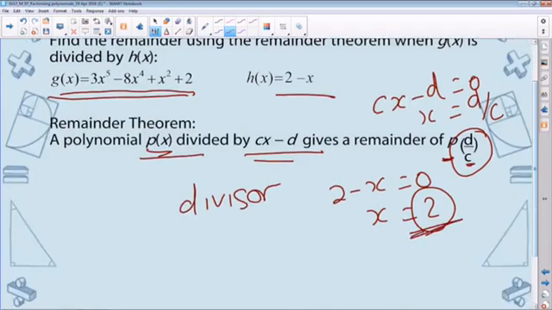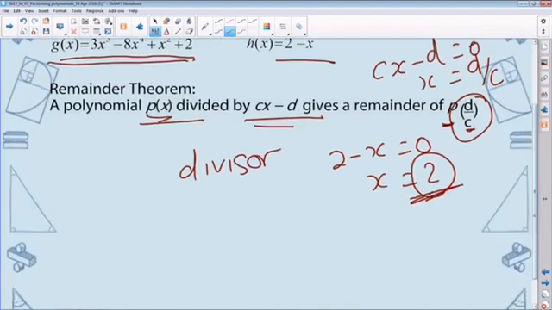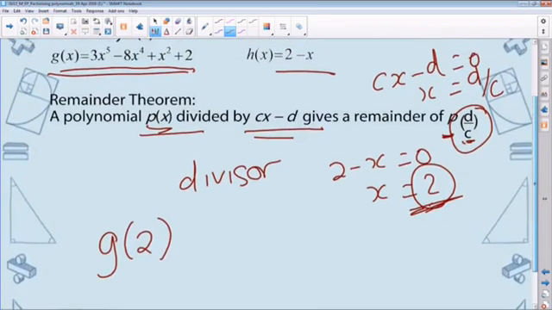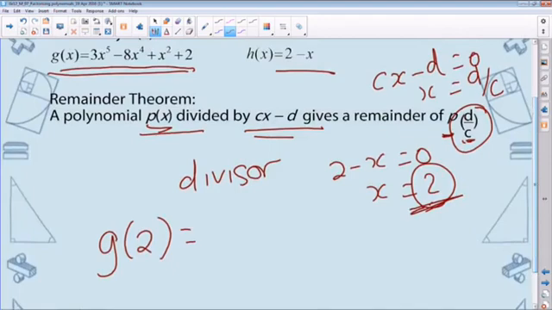I'm going to be using the value 2. So to find my remainder, I'm going to say g of 2, which is d over c, is going to be equal to the function value. What is my remainder? Substitute your 2 in place of x.